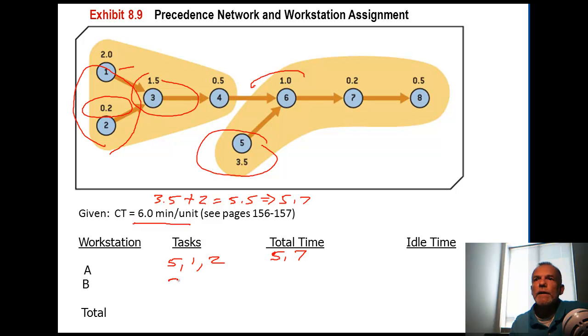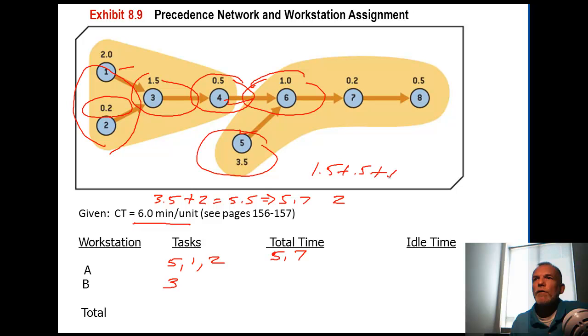Then we could start workstation B by adding 3 down here. That would give us 1.5. If we then added 4, adding a half, that would get us to 2. We can then add 6 because 6 has had both 4 and 5 satisfied, so those precedents are there.